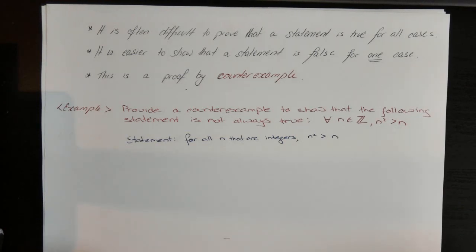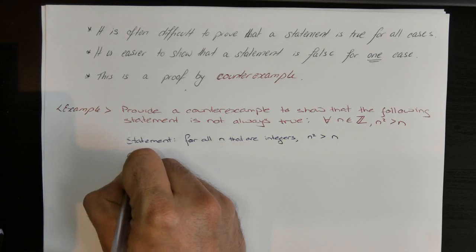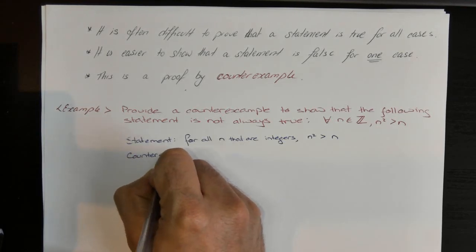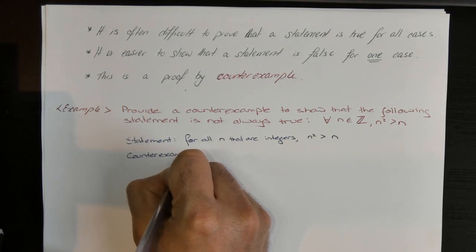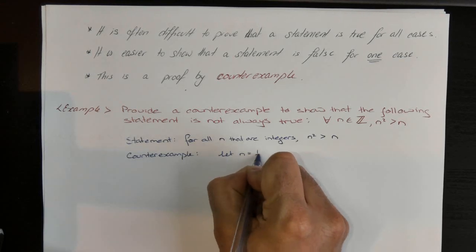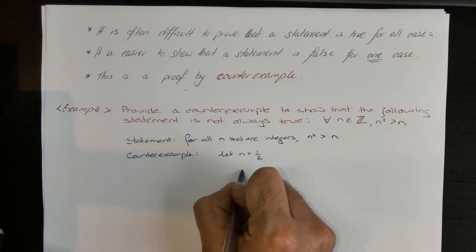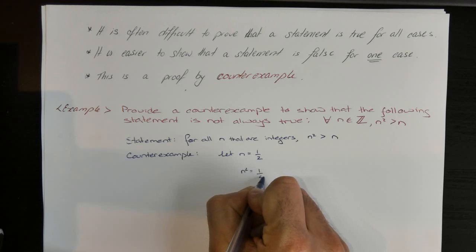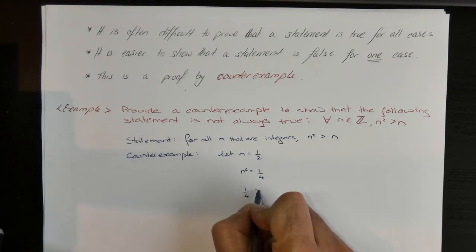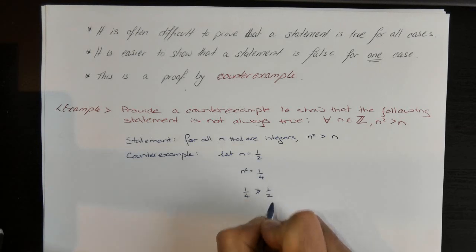Alright, so a counterexample to prove that this is false is, well, let n equal a half. Then n squared would equal a quarter. Now, a quarter is not bigger than a half.